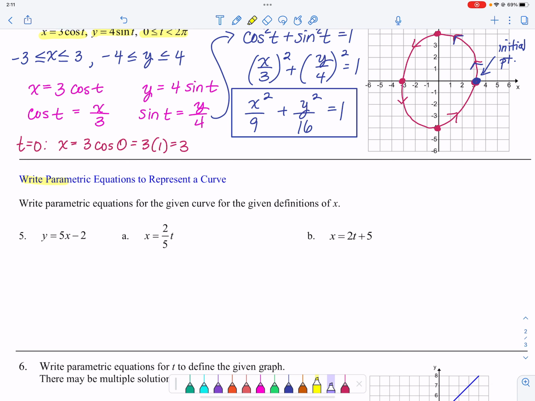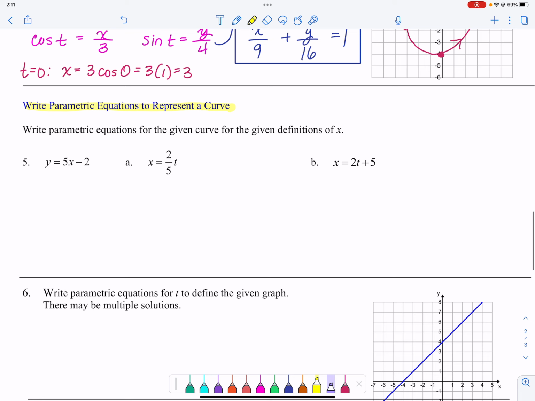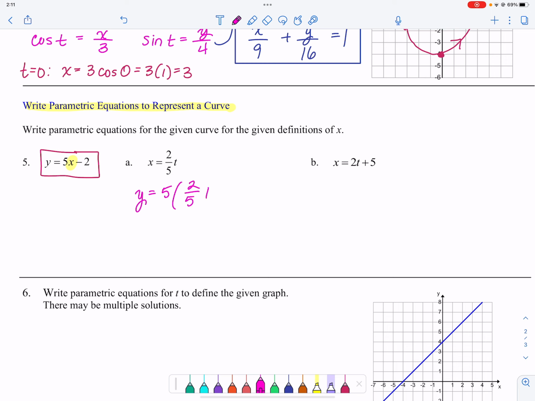Now let's try to write parametric equations to represent a curve. So we're given y equals 5x minus 2. And in part A, we have x equals 2/5 t. So we will substitute 2/5 t in for x. So we have y equals 5 times 2/5 t minus 2.